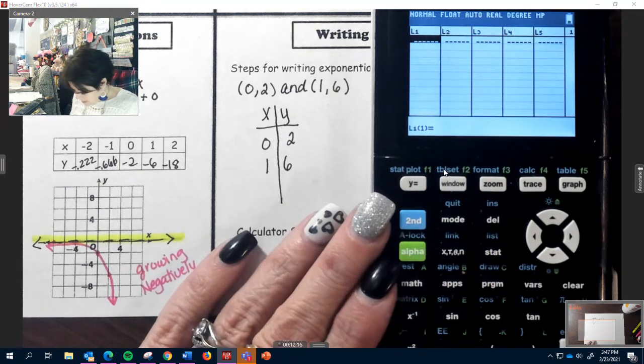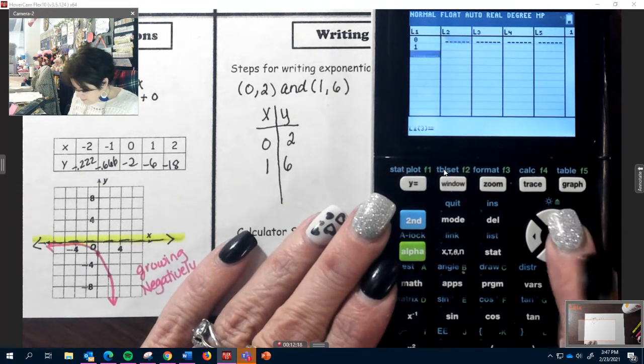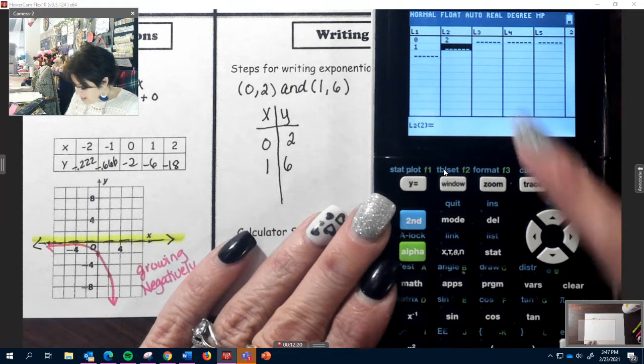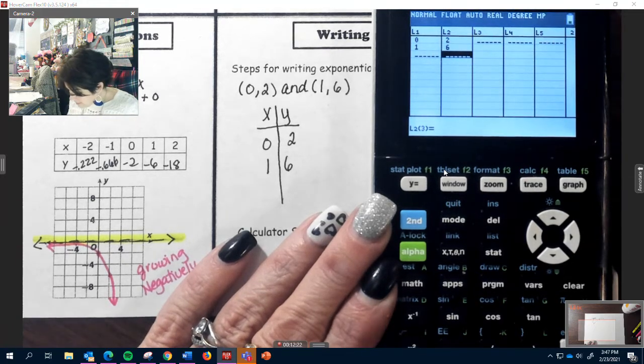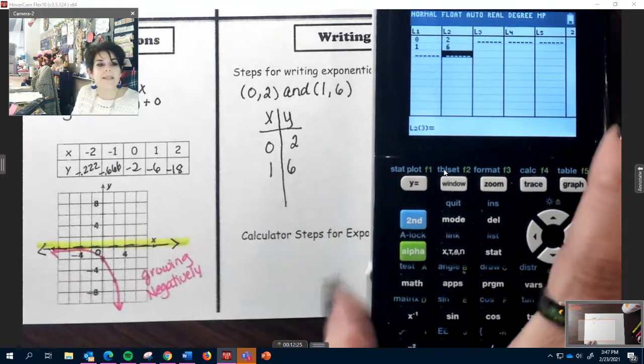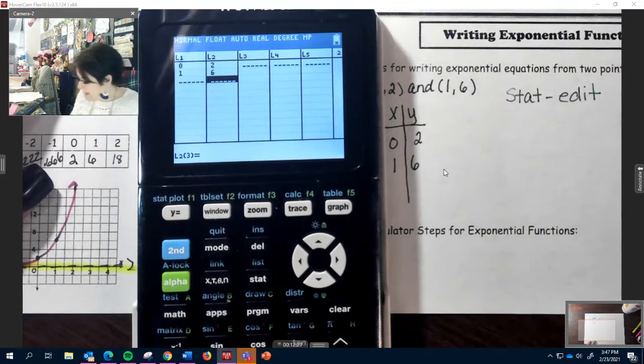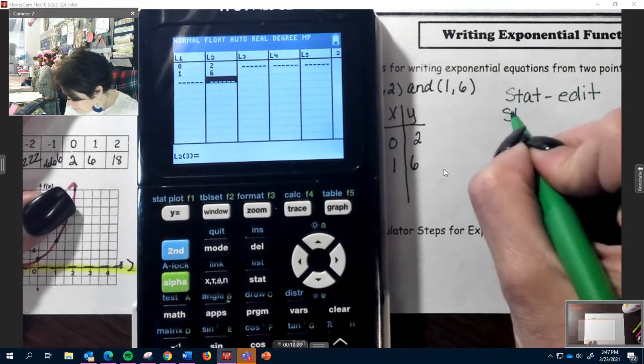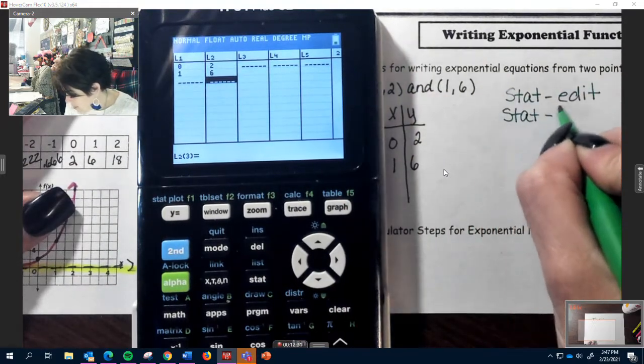Okay, so here we go. 0, enter, 1, enter, 2, enter, 6. I've got my points in there. Now I'm going to go back to Stat, and this time we're going to do Calculate.